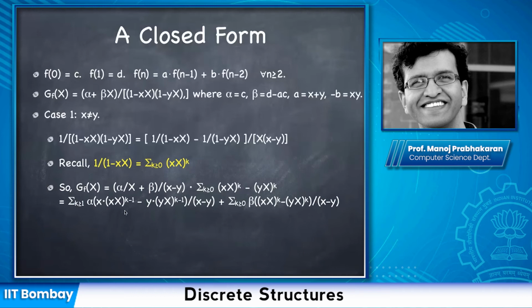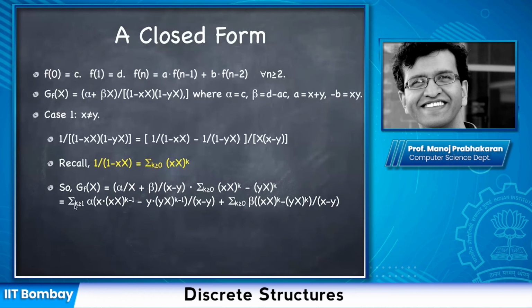And for the sake of grouping terms properly, I'm going to write this as little x times little x to the power k minus 1, capital X to the power k minus 1. So this alpha divided by x made this little x to the power k, capital X to the power k minus 1. Similarly, minus y times y to the power k minus 1 with capital X to the power k minus 1. Okay, so that's from the alpha divided by x, and in the beta term there is no such shifting.